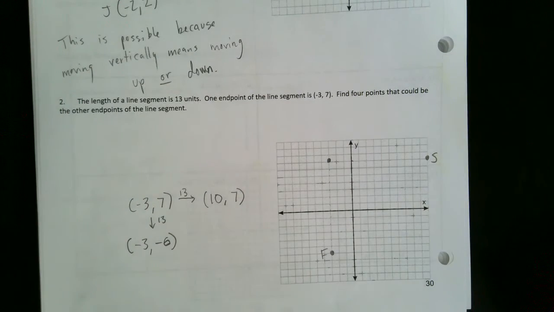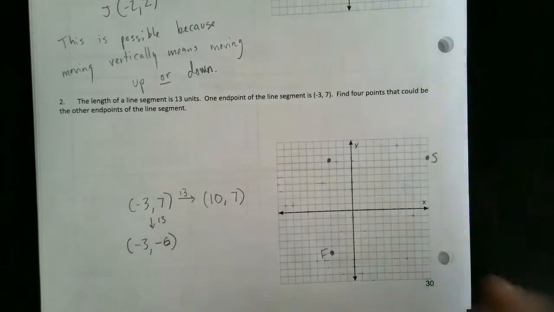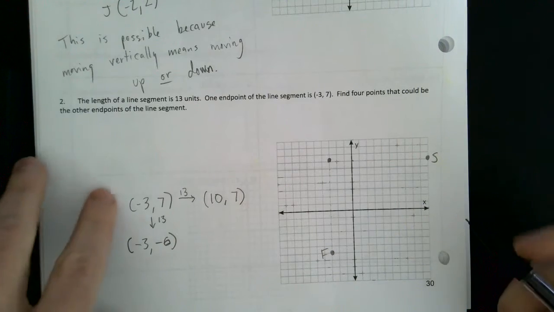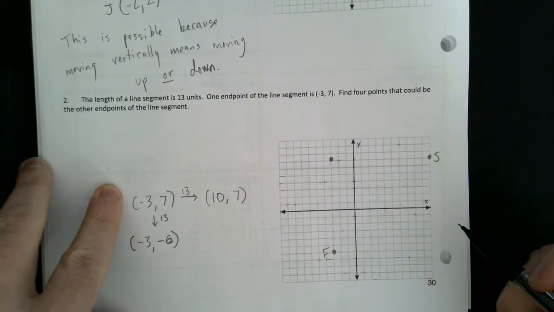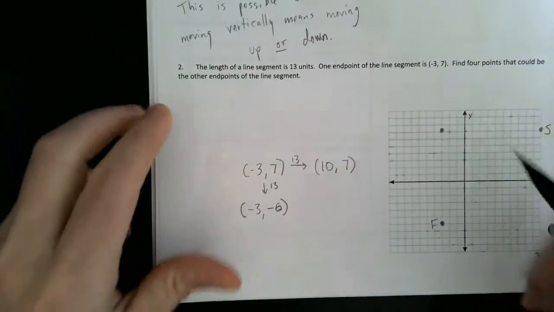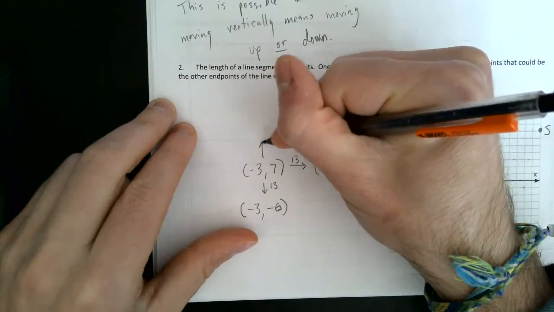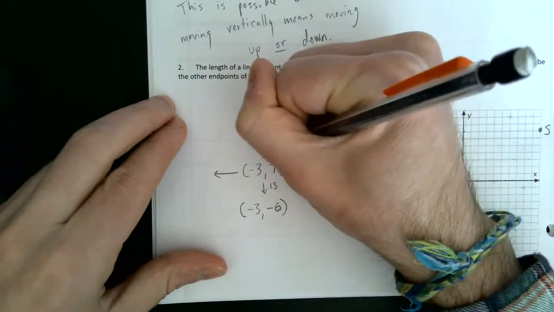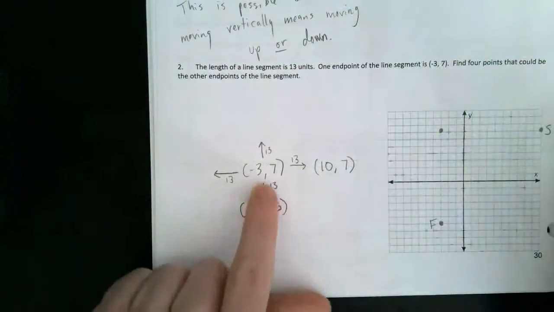Now here's the problem. We don't have enough room on the graph to go up 13 and to go to the left 13. So we'll have to figure those out without actually showing that on the graph. If you could figure out the other two on your own, that'd be awesome. But if you want to do this with me, we'll go 13 up and we'll go 13 to the left.